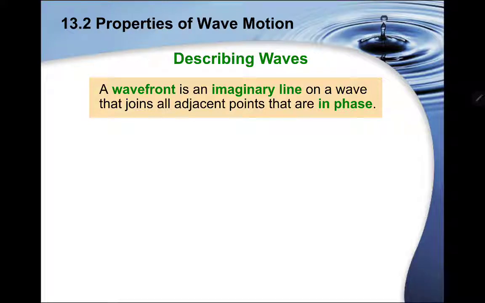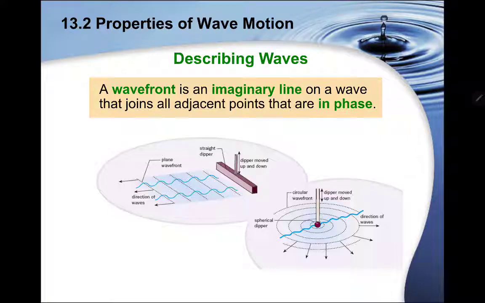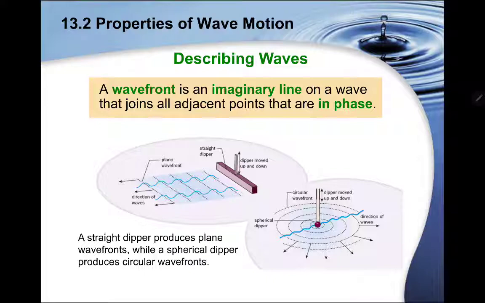One last thing about wavefronts is that they don't have to be straight lines. In this case it's a straight line because a straight dipper produces waves this way. But if I had a spherical dipper that dipped in the middle of a pond, you'll realize that the ripples move out this way. Circular ripples. This wavefront will represent the peaks, so all the crests are joined with these circular wavefronts, and the same things still apply.